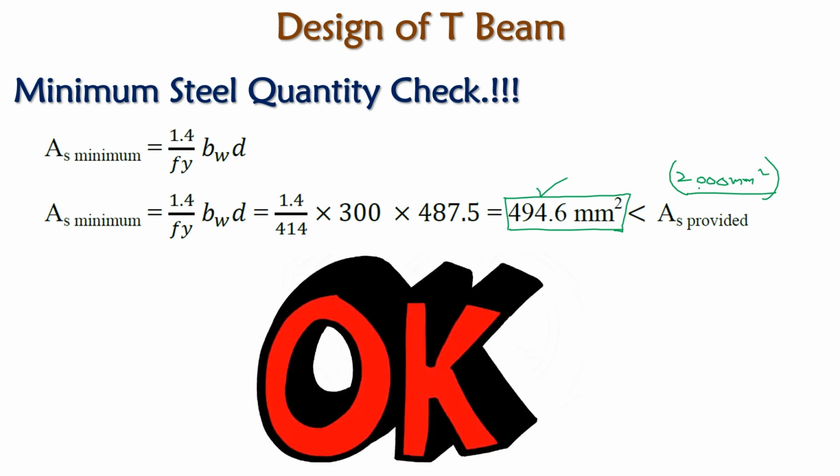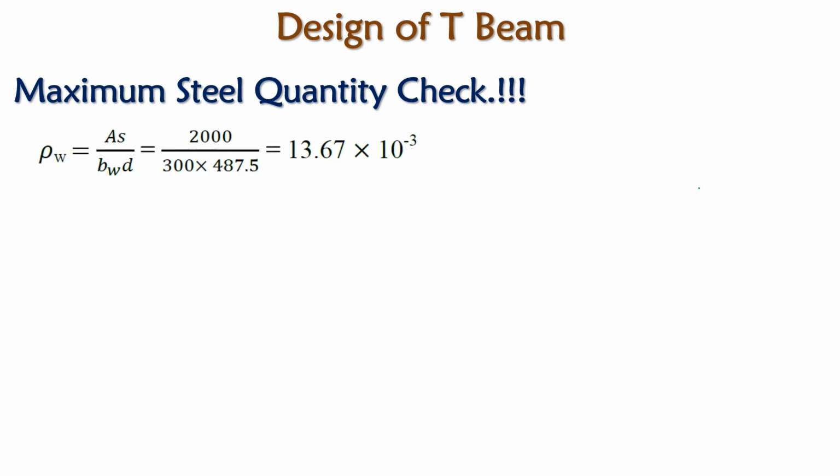This is the first check that we have to apply, and the second check is the maximum steel quantity, that is AS over BWD. The area of steel that we have used in the beam is 2000 millimeter square, BW is 300, and the effective depth of the beam is 487.5.